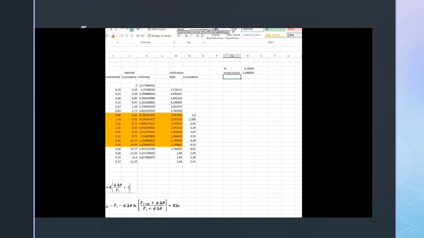Now calculate excess rainfall, cumulative excess rainfall. So how are we going to calculate this one?